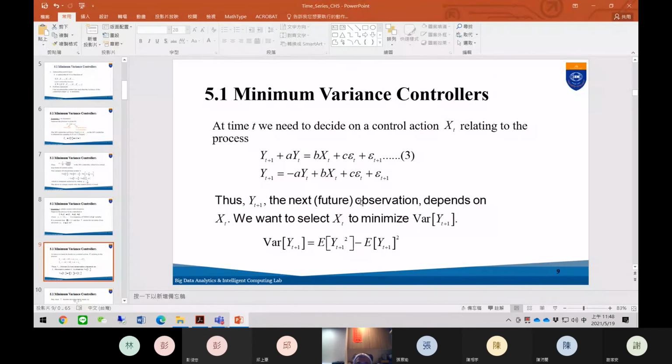So this future observation depends on x_t. We want to select x_t such that it minimizes the variance of the future observation.